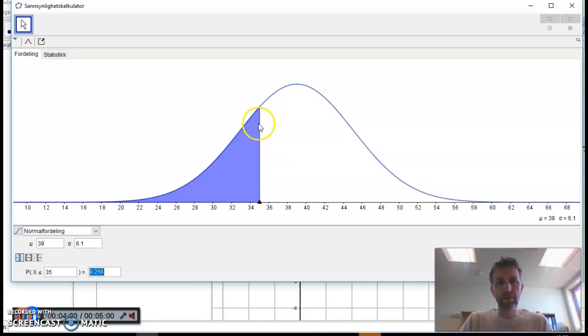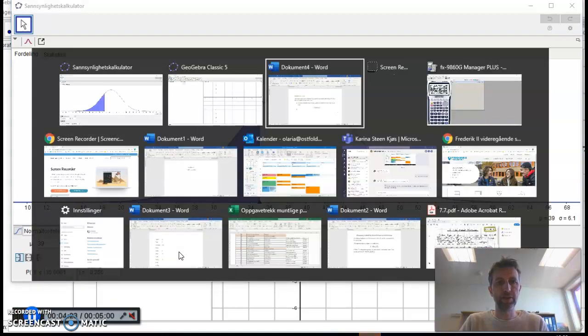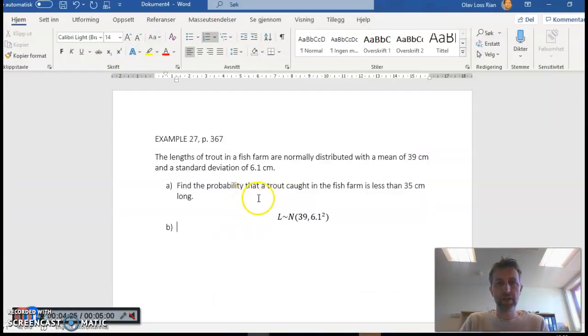So now you see the blue coloring. This is the part of the curve that is under 35 centimeters. And we get the probability or the percentage right here. So it's 0.256 or 25.6%. We can copy that into our Word document.